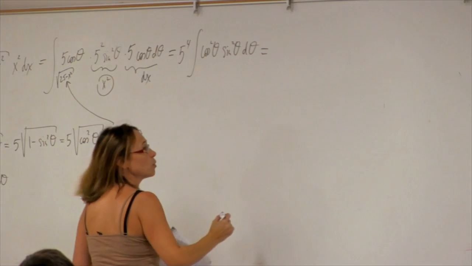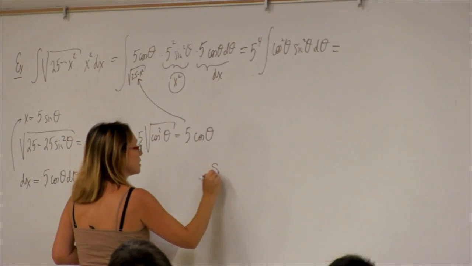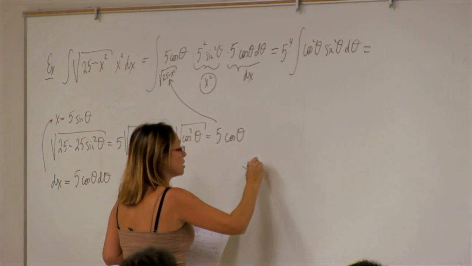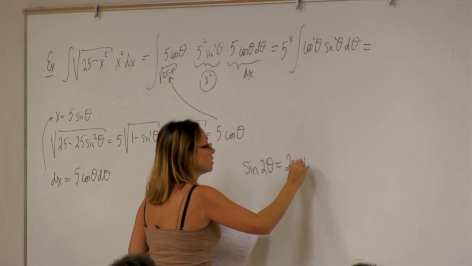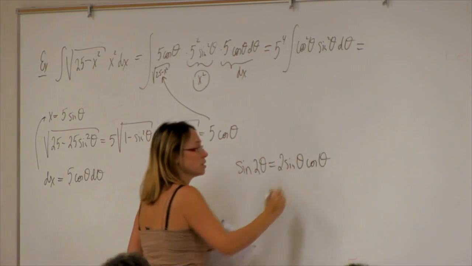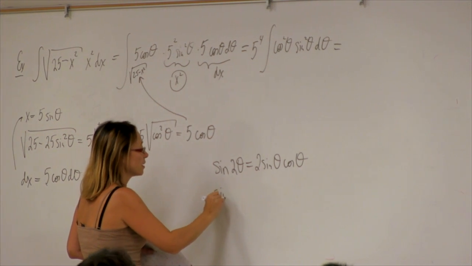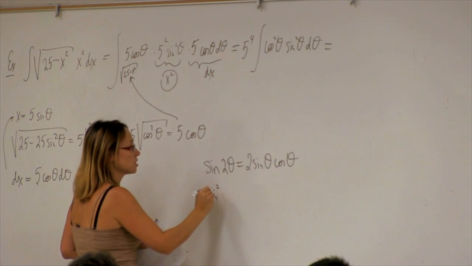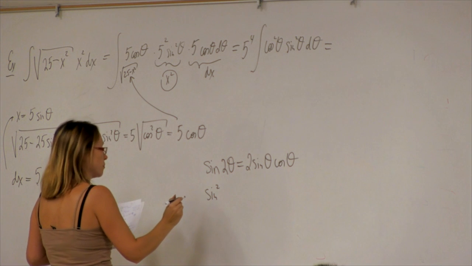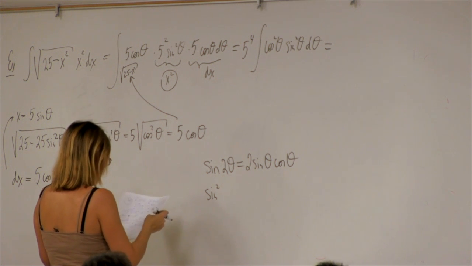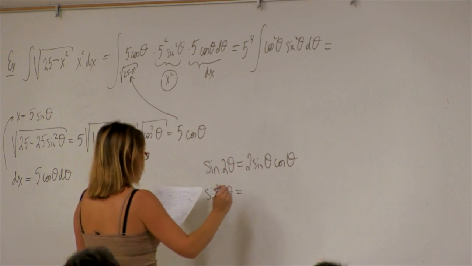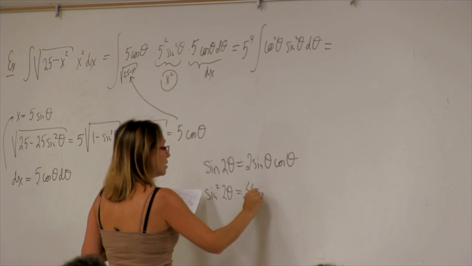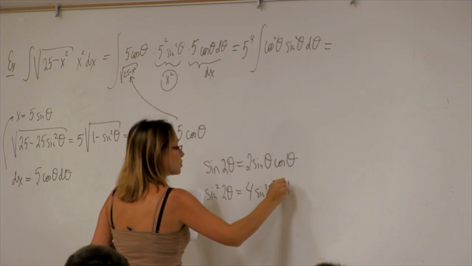Well, yeah. So we're going to use the identity. Do you remember this? Sine 2 theta is 2 sine theta cos theta. If I square this, I get sine squared 2 theta is 4 sine squared theta cos squared theta.